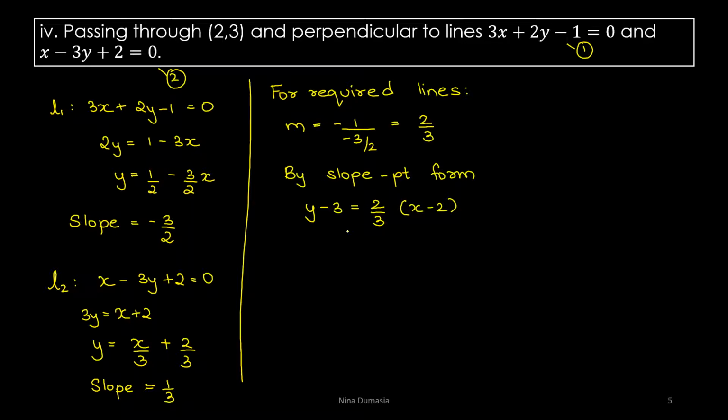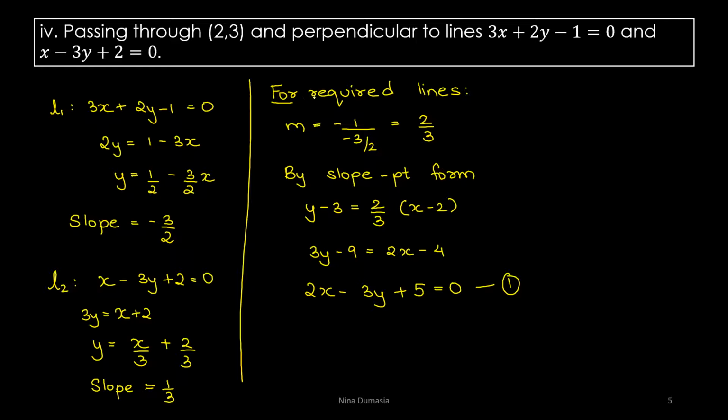I hope you remember this: y minus y1 is equal to m into x minus x1. We revised this in lecture 1. So this is 3y minus 9 is equal to 2x minus 4. Therefore 2x minus 3y plus 9 will become, with minus 4, plus 5 is equal to 0. This is the first line. Okay, so you can do one thing, you can call this 1. Okay, I have erased that 1 and 2 and I am calling this 1.